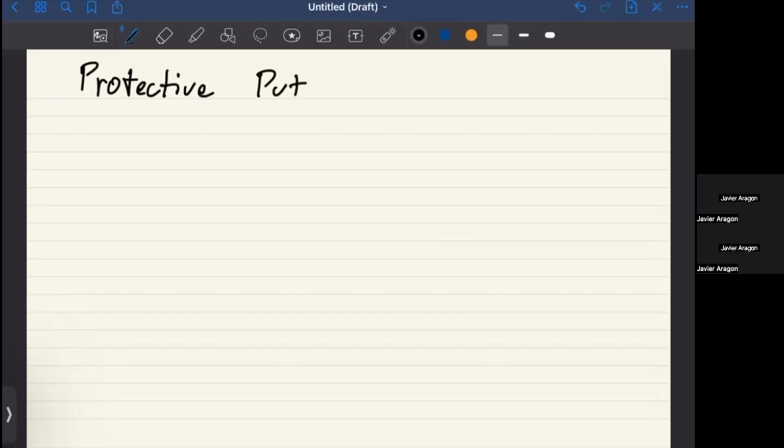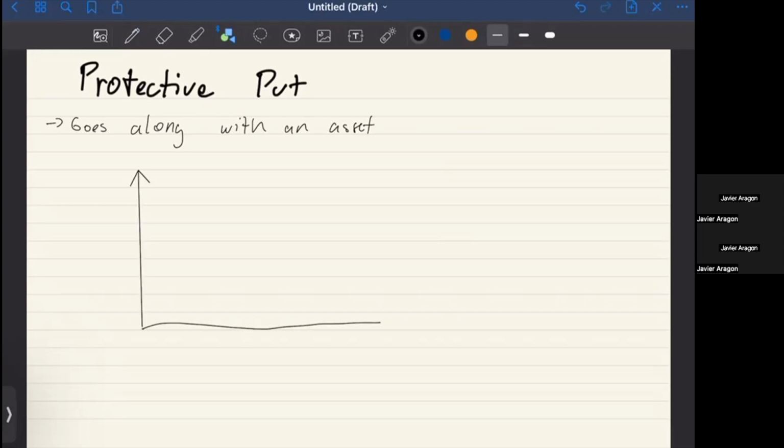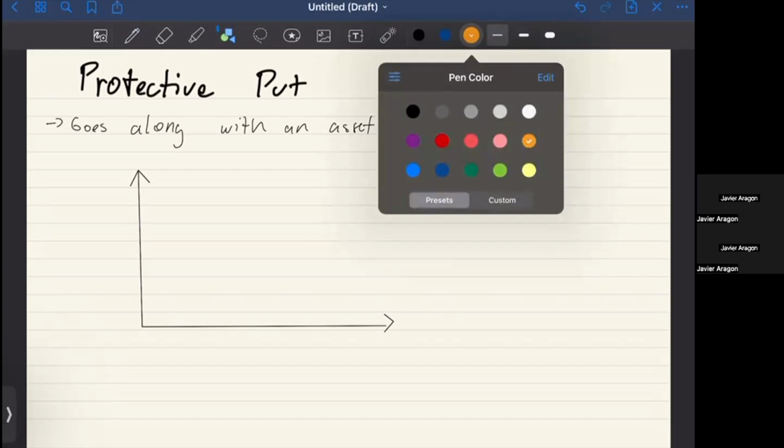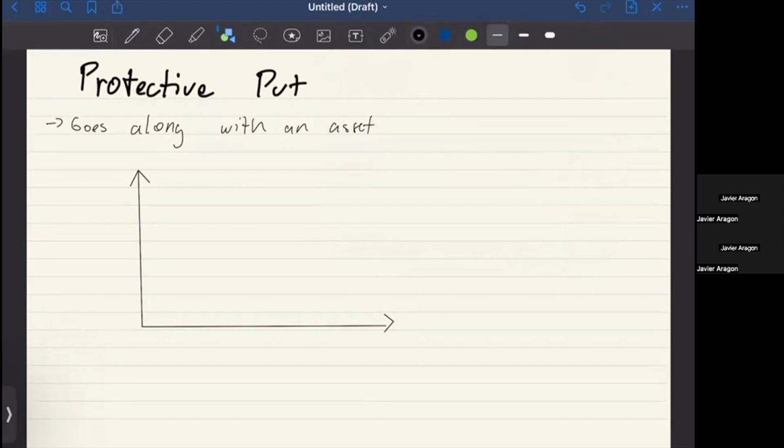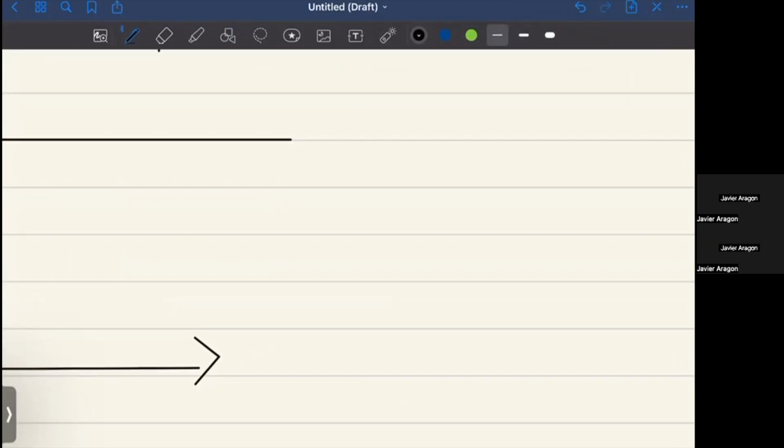This usually goes along with an asset. So say, and let's make a little graph here. Say your put's currently trading at, let's keep with the same numbers. So let's say your put right now is at 90.